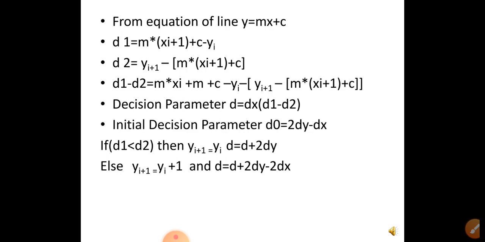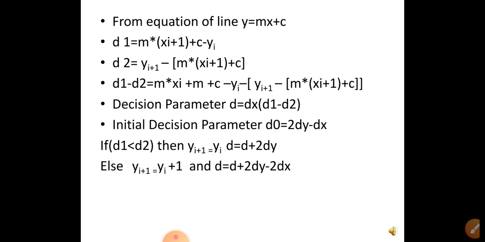Yi. Okay. If d1 minus d2 is greater than 0, that is d2 is less than d1, or d1 is greater than d2, then what happens? The decision parameter is positive or 0. So the next y value to be selected is yi plus 1, meaning the upper pixel is selected.